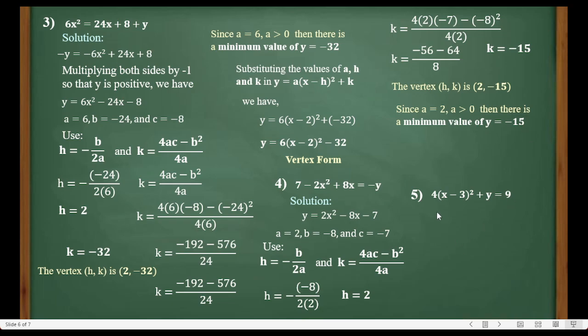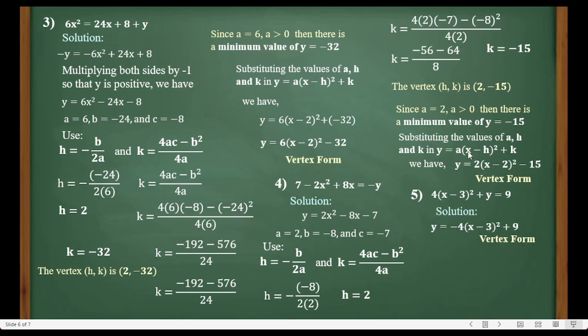And since a is 2, which is greater than 0, then the function in number 4 has a minimum value of y, and that is taken from k, which is negative 15. And then for the vertex form, we use this and substitute the values of a, h, and k. And this is the vertex form. Now for number 5, number 5 is almost written in vertex form.